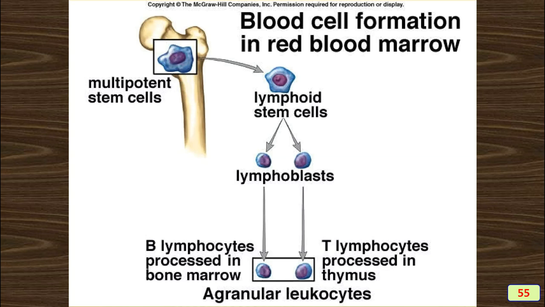In lymphoid stem cells, after this, these lymphoblasts do their job, and the A or the B symbolize lymphocytes.